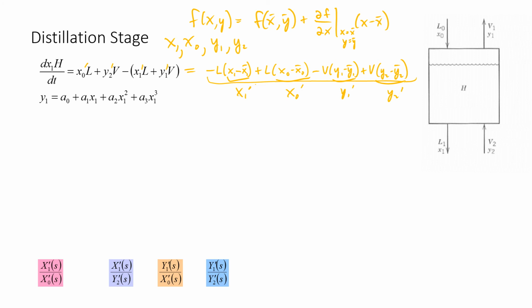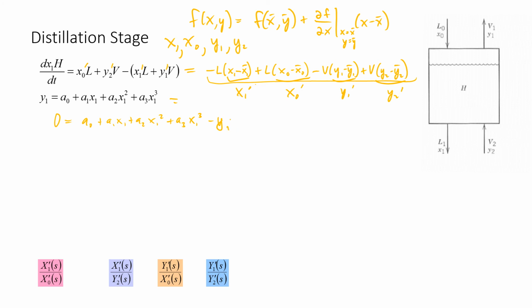Okay, and then let me linearize this one on the bottom. So I have y1, and I'll just put all of this onto one side of the equation. I'm going to have a0 plus a1 times x1 plus a2 times x1 squared plus a3 times x1 cubed minus y1.